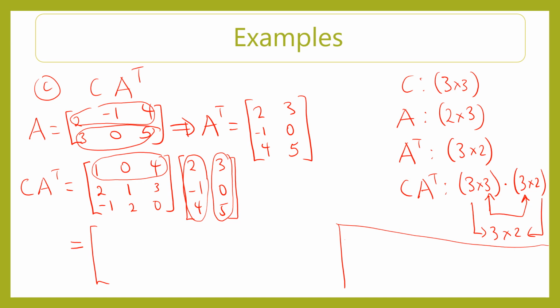So 1 times 2 is 2. 0 times minus 1 is 0. 4 times 4 is 16. So 2 plus 0 plus 16 is 18. So the first one is 18. I go to the next column. So 1 times 3 will be 3. 0 times 0 will be 0. 4 times 5 will be 20. So 3 plus 20 is 23.